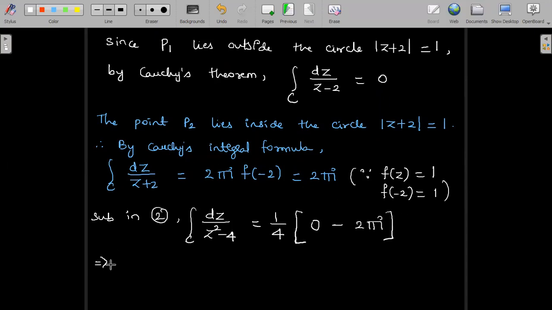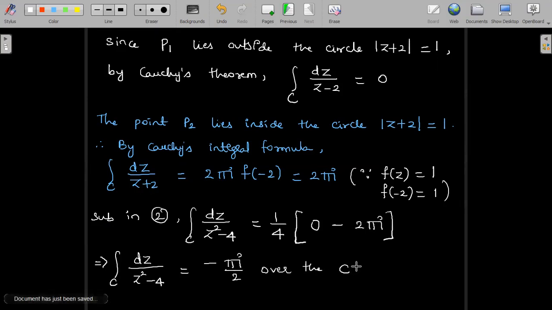So the final answer is the integral of dz divided by z squared minus 4 is equal to minus pi i divided by 2, after simplifying the constant, since 2 ones are 2 twos. This is over the circle C, which is given by mod z plus 2 is equal to 1.